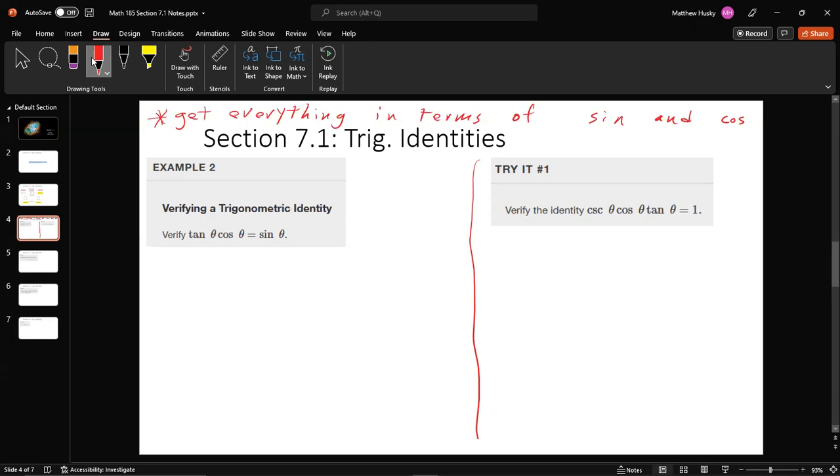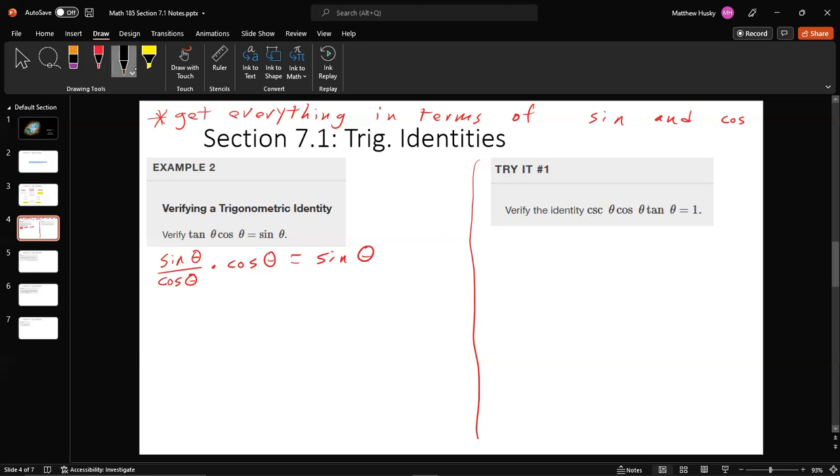So for instance, tangent is sine over cosine. If you change it to its definition in terms of sine and cosine, we are then multiplying that by cosine theta. And if all goes well, that should indeed equal the sine of theta.